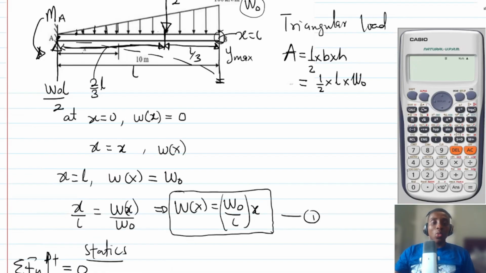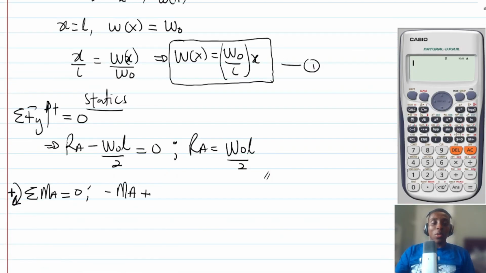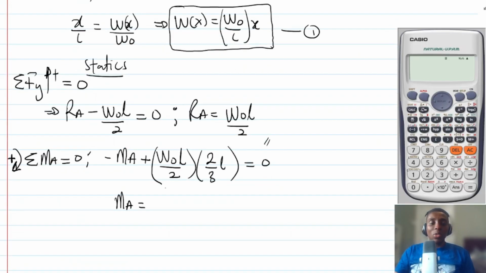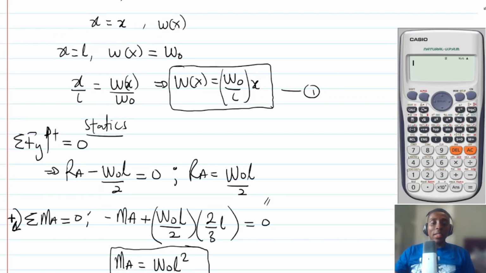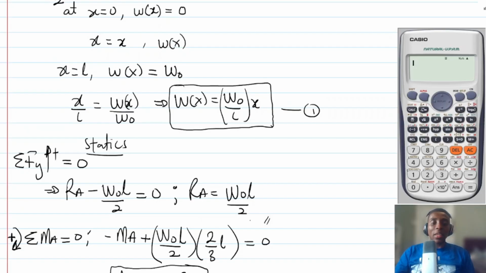It's going to be clockwise. So it's going to be W naught L/2 multiplied by 2/3L, and this should equal 0. If you look at this carefully, MA, the moment, is going to be W naught L squared over 3, because the 2 will cancel the 2. So interestingly, that is the moment at A, and that is the reaction at A.